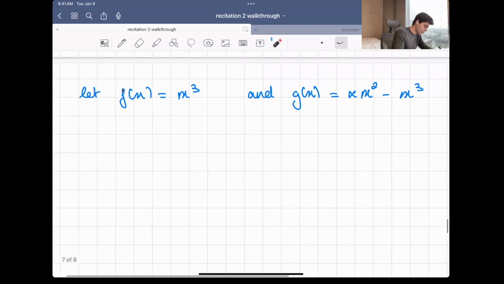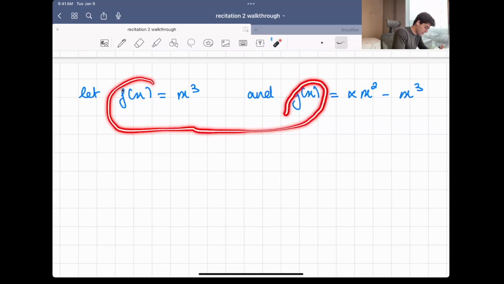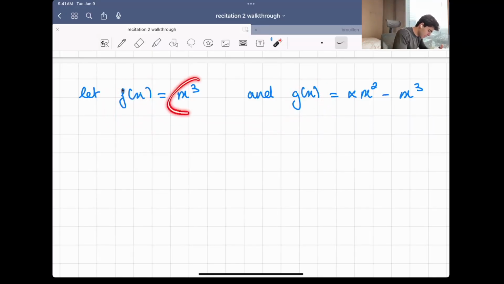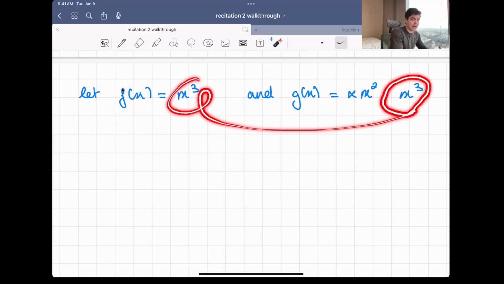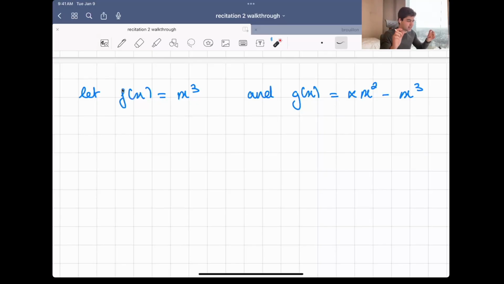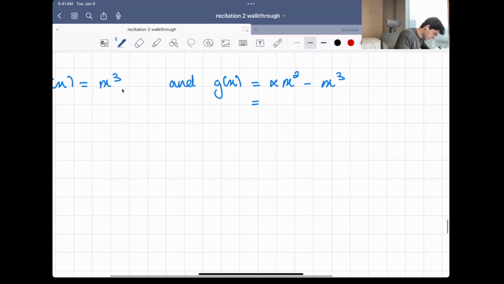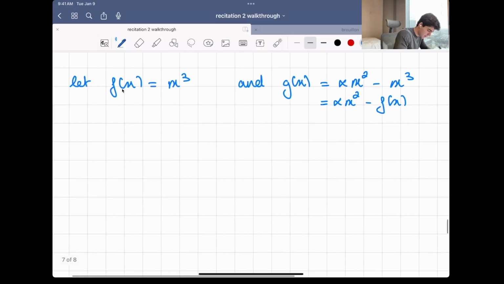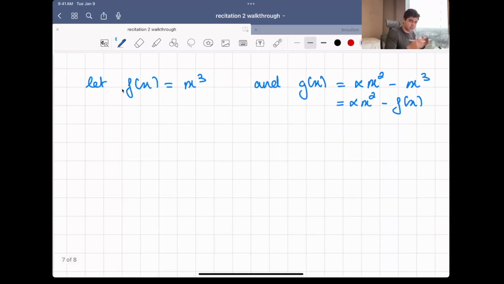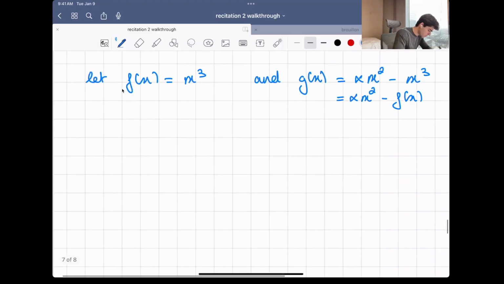Because we have to show the sum of these non-convex functions is convex, when we add these two up, these are going to cancel. These are the non-convexity part of the function. So we can rewrite this as minus f of x. And so in the future, we plan to remove this.